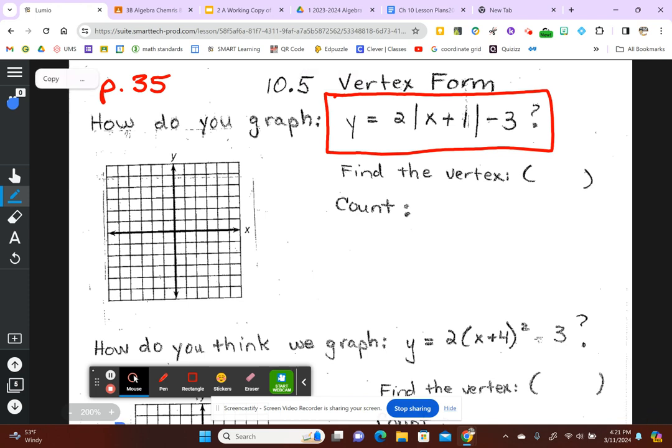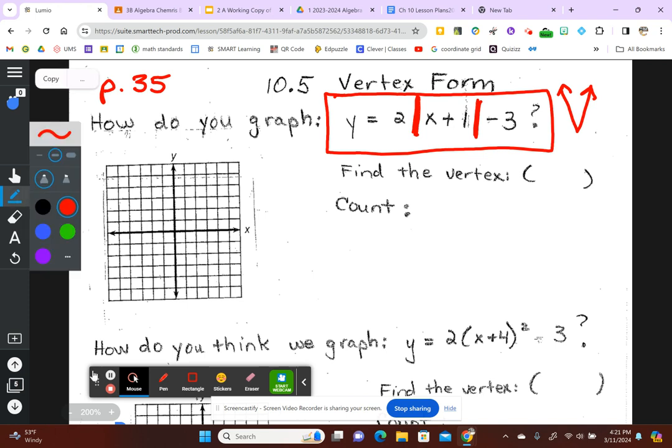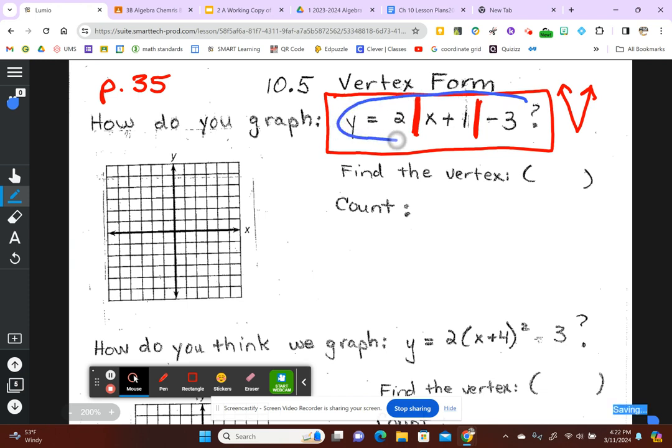What makes it an absolute value function? We have a variable in between the absolute value signs. When we graph an absolute value, remember I used to make you hold your hands up in a V because absolute value forms a V. Do you know what the vertex of this particular equation is?